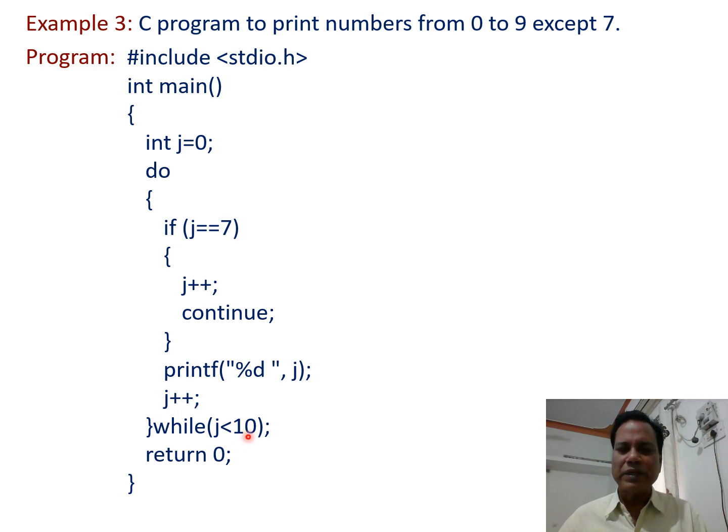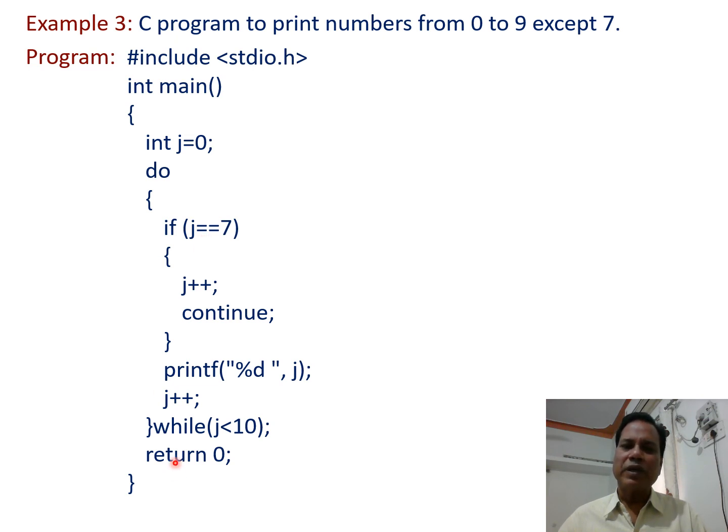So first 0 is printed on the output screen and the value of j is incremented. Then the condition is tested, while j is less than 10. Naturally the condition is true. Then we enter again the body of the do while loop. So if j equal to 7, this condition remains false for the values of j as 0, 1, 2, 3, 4, 5, 6.